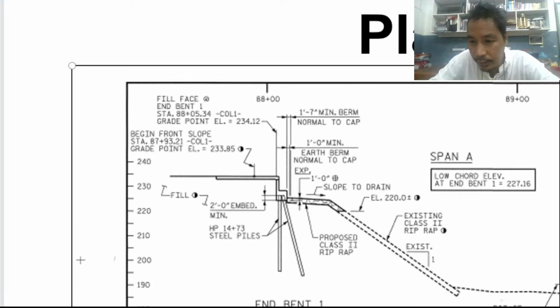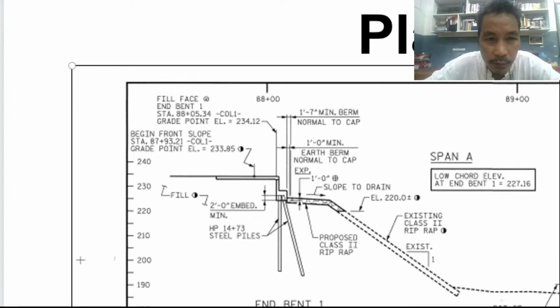Okay, so it is now readable. So in your local dialect, basable. Basable daw. So that means readable. Okay?